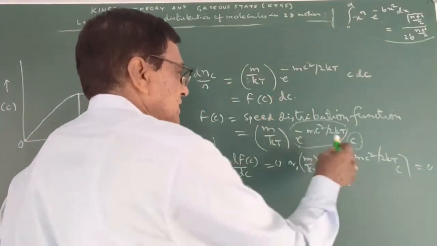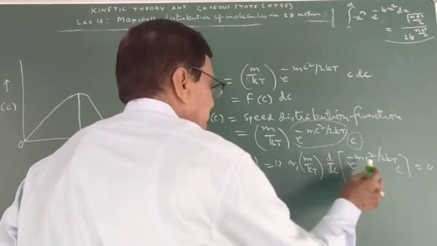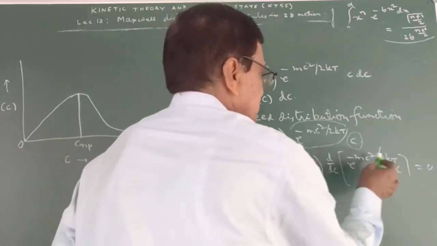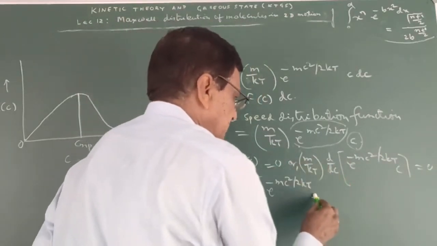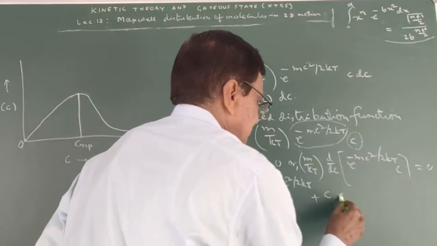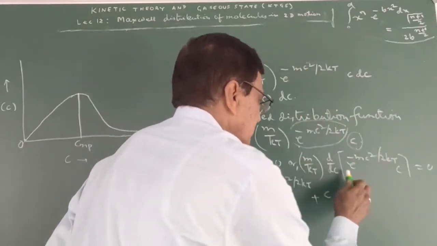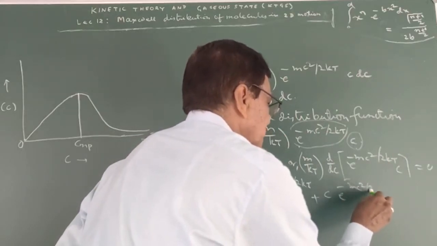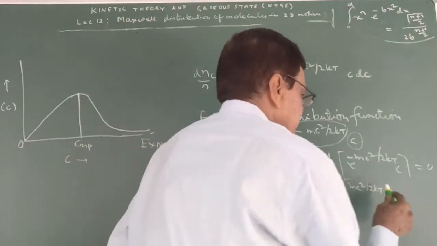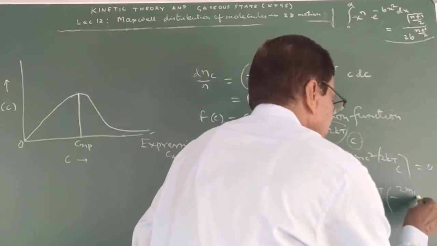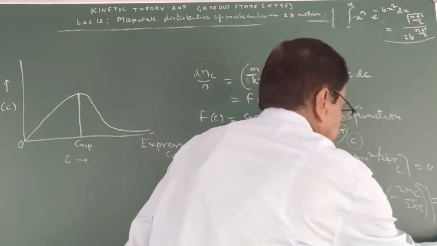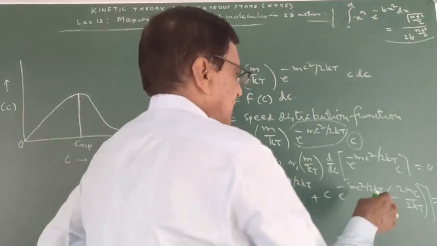So this is kept constant, e to the power minus mc square by twice kT, and C is differentiated with respect to C, which is equal to 1, plus now C is kept constant and e to the power minus mc square by twice kT is differentiated with respect to C, which gives minus twice mc divided by twice kT, bracket closed, equal to 0. So 2 cancels.